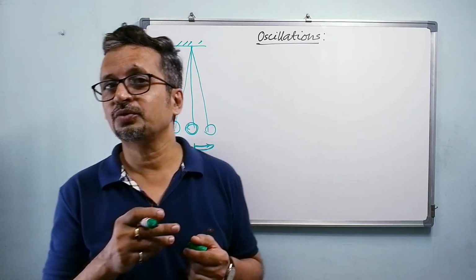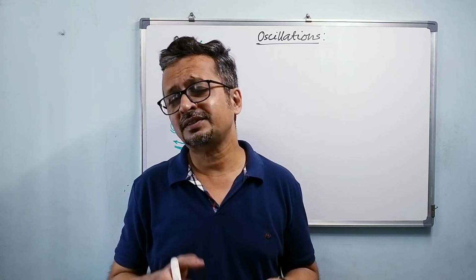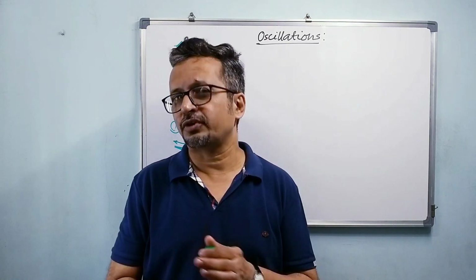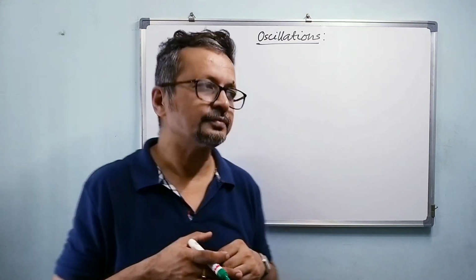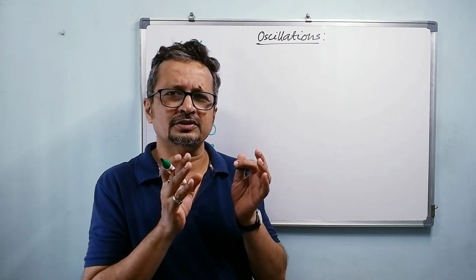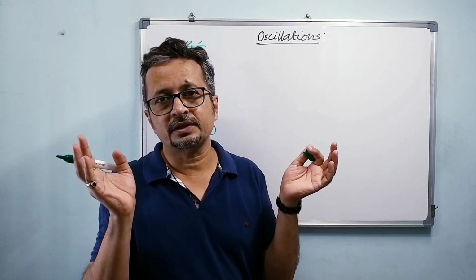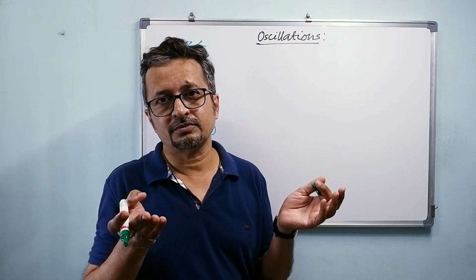Number two, there is no air resistance. So when I give some initial displacement, this simple pendulum is going to oscillate forever, which is practically not possible, but we are assuming that, because we are not going to observe its oscillations for a long time. The time of observing may be as small as 1 minute, right?